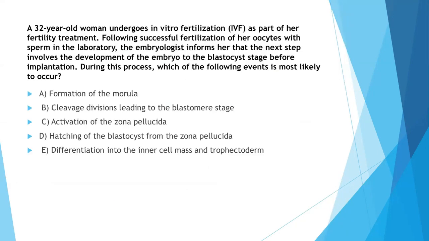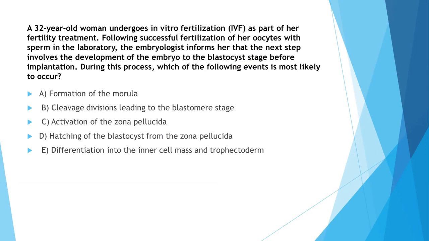So here we have another question. A 32-year-old woman undergoes in vitro fertilization as part of her fertility treatment. Following successful fertilization of her oocytes with sperm in the laboratory, the embryologist informs her that the next step involves development of the embryo to the blastocyst stage before implantation.